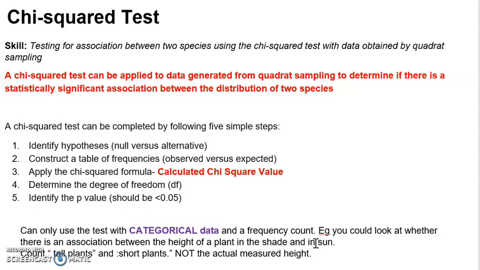One thing that you need to appreciate, however, is that the chi-square test can be powerfully used in other circumstances, not just comparing the association of two species. So I've highlighted this in your textbook by using a slightly different example, because you need to be able to apply the chi-square test potentially for an internal assessment.